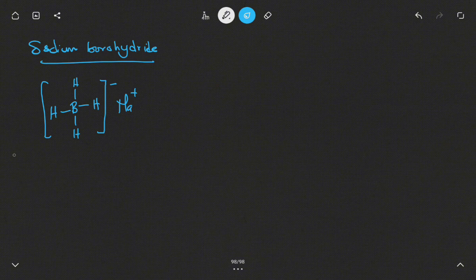Firstly, we are going to have the hydride, which is H minus, attacking the carbonyl carbon, and this is going to give us alkoxide.